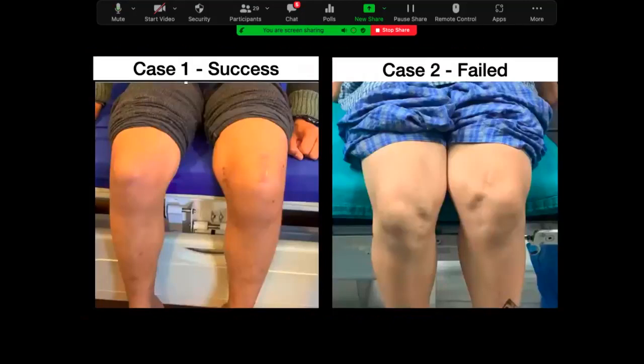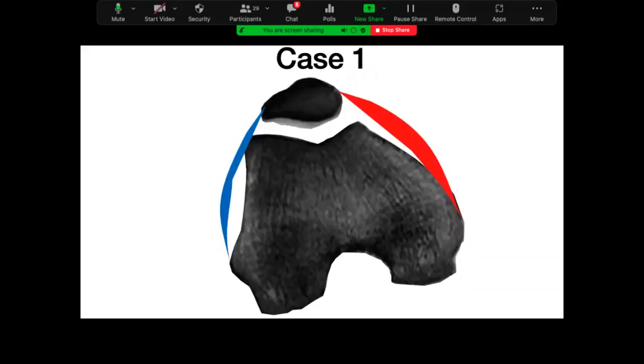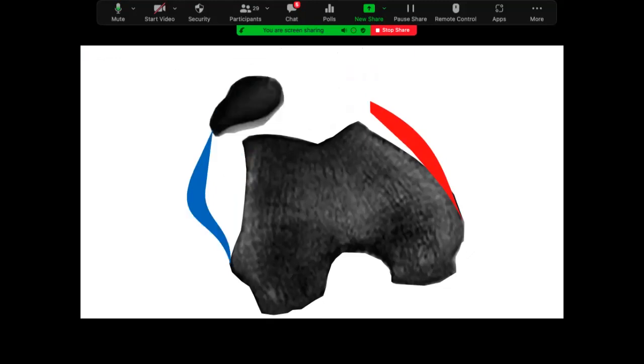So both the follow-ups were after 3 years. Case 1 was a success, but case 2 was a story of a failed patient or a failed surgery. So what happened in case 1? It was just a plain patellar dislocation where the MPFL alone was injured.